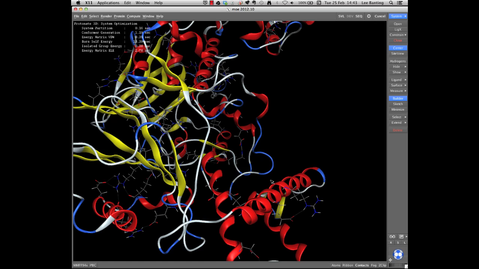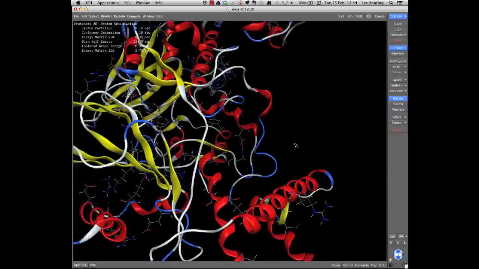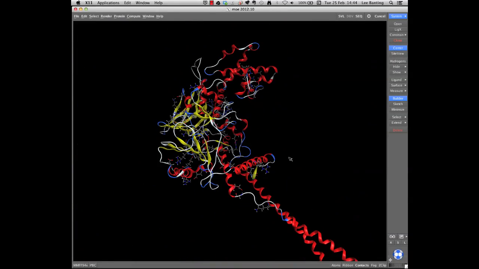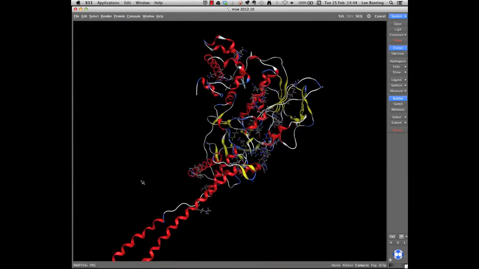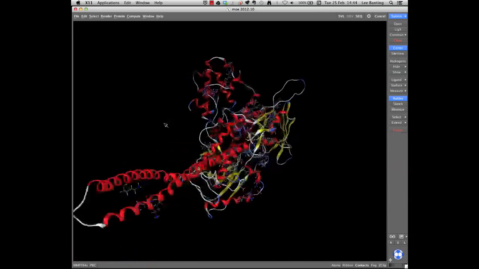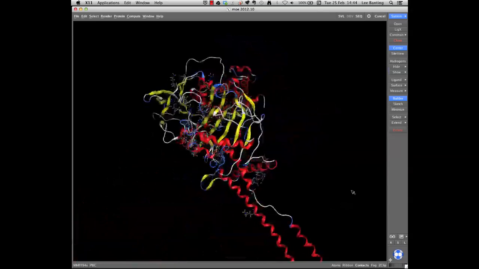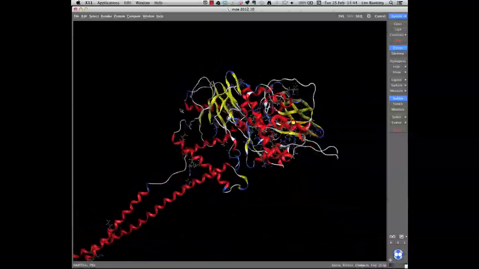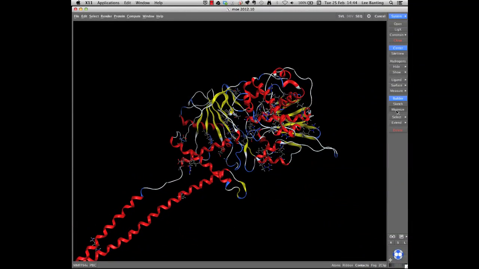So what happens here with this algorithm is it tries various combinations of partitioning positive and negative charges throughout the molecule, finds the best solution for that, and actually comes out with a solution of how the protein should behave at its isoelectric point in water. And now this protein is ready for action. It can do all the things our small molecule did before. So we can minimize it.